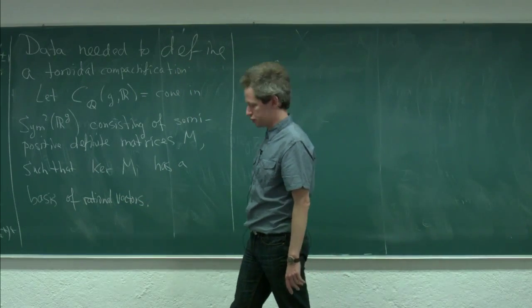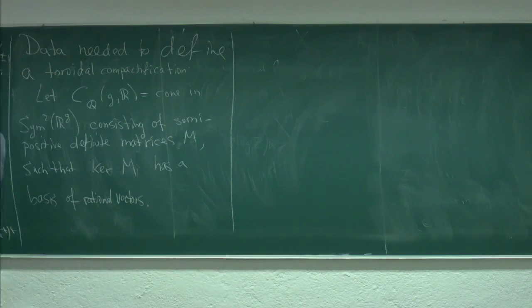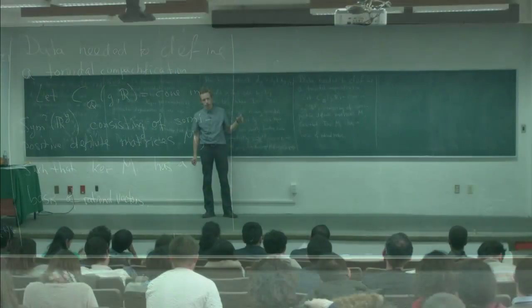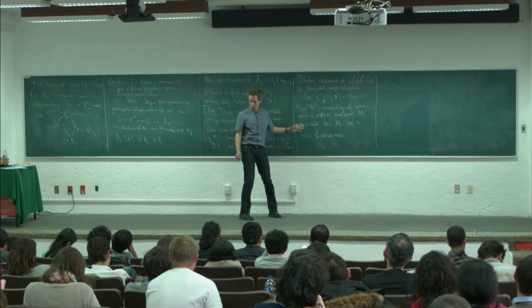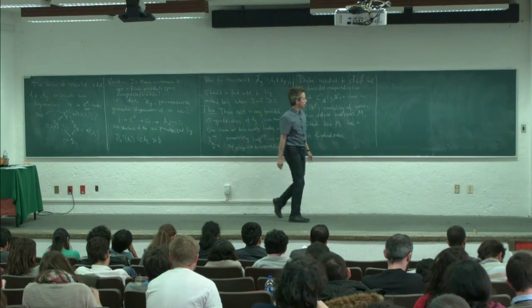This corresponds in genus 1 to the fact that I didn't want to add all of R to the upper half plane. I only wanted to add Q. So this rational business is this Q versus R business.